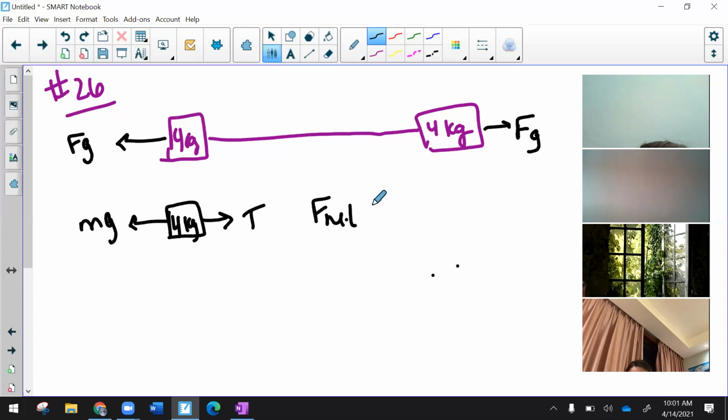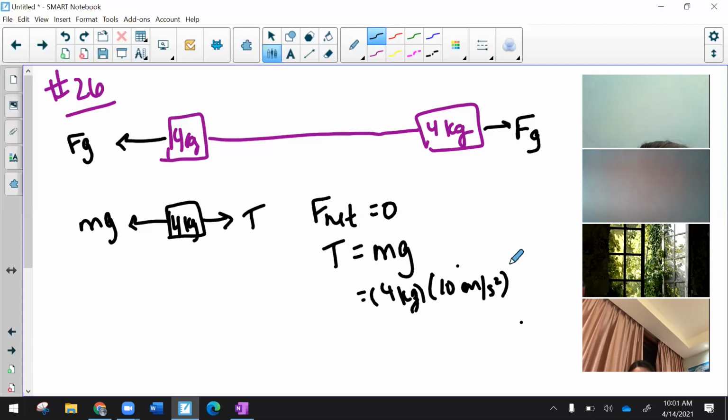So that tells me that F net has to be equal to 0, or the tension has to balance out that gravitational force. And so again, my mass is 4 kilograms, and usually on the AP exam you're assuming that the acceleration due to gravity is 10 meters per second squared. So that's going to give you 40.